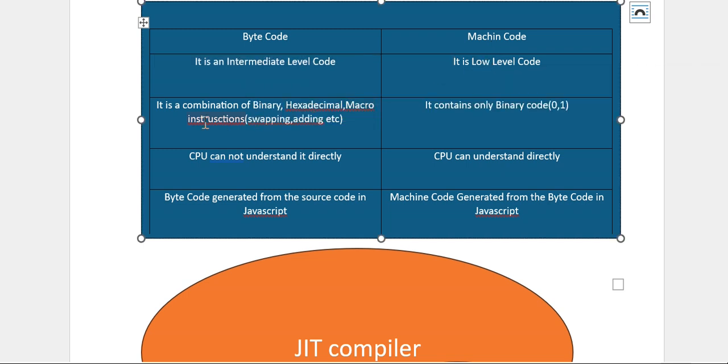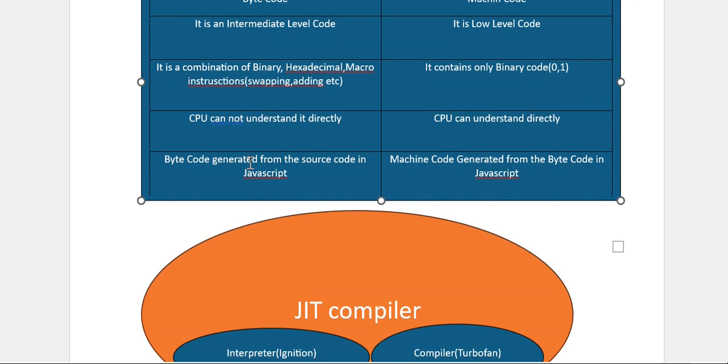Bytecode is a combination of binary, hexadecimal, and macro instructions, and machine code is only a combination of binary code, meaning 0 and 1. Bytecode cannot be understood directly by the CPU. The CPU can understand only 0 and 1. But machine code is already in 0 and 1, so it can be understood directly.